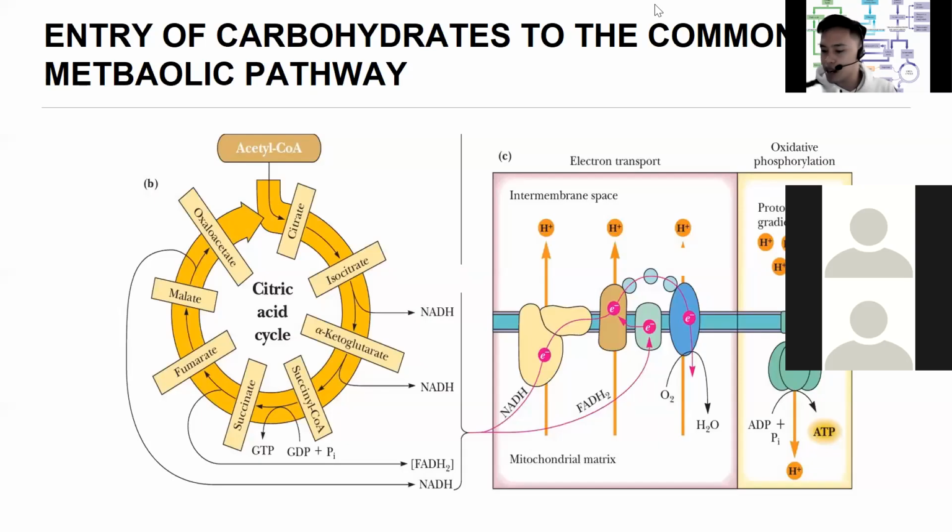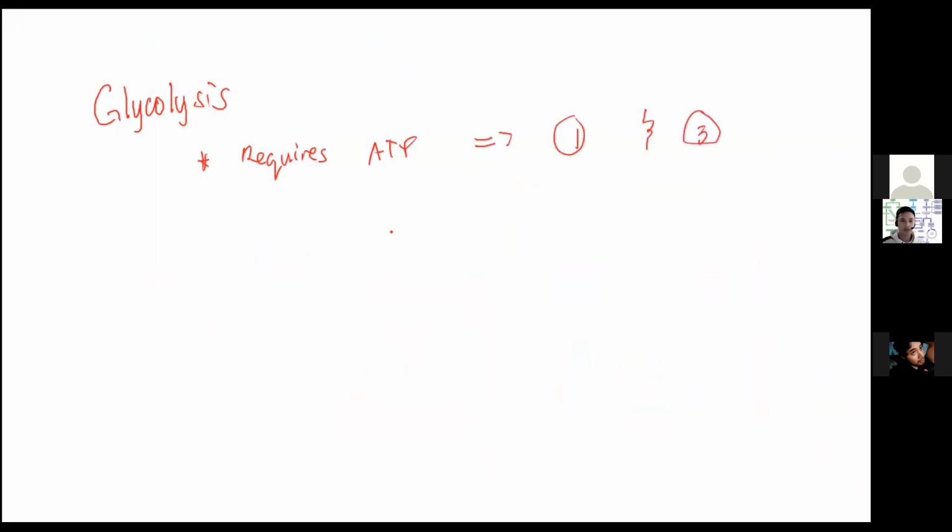Let's just summarize glycolysis. Again, glycolysis is 10 steps. What steps require ATP? Steps 1 and 3.